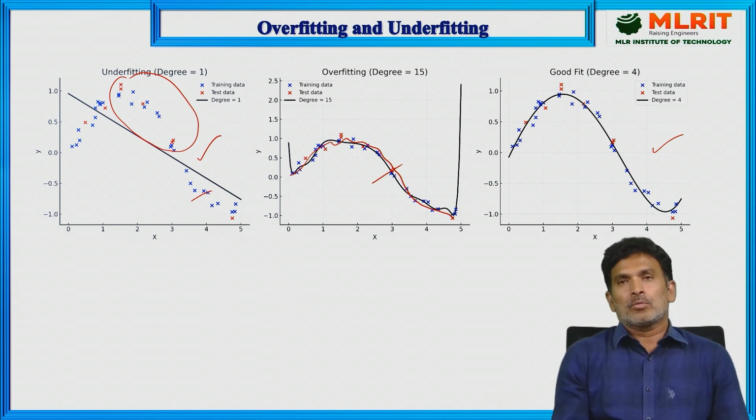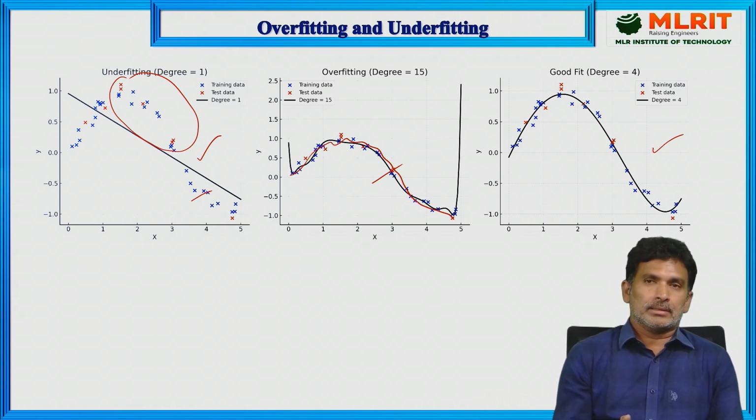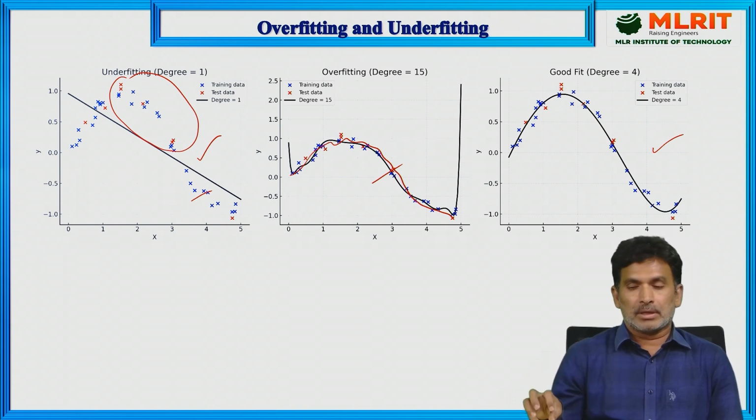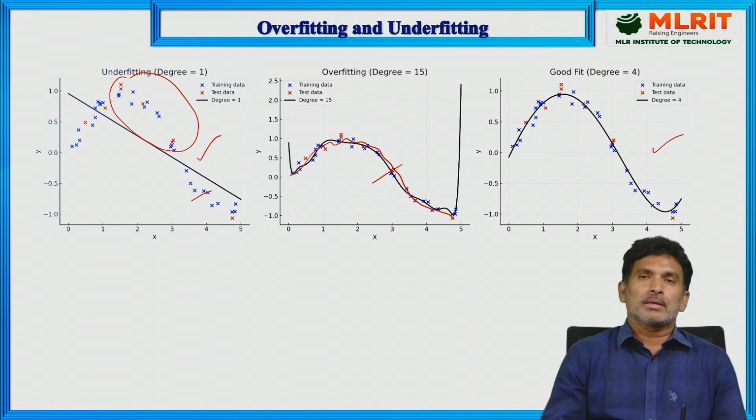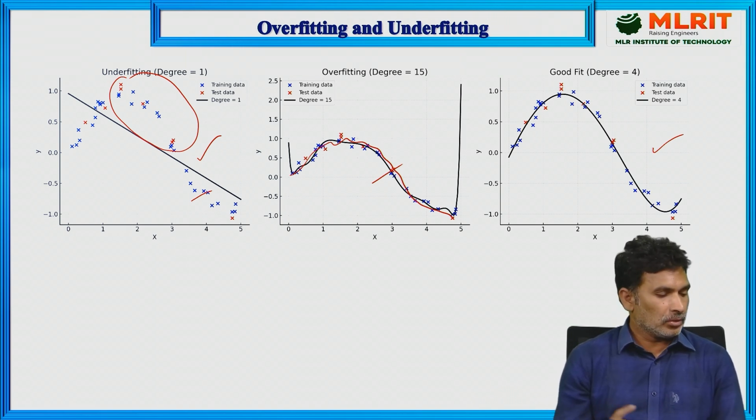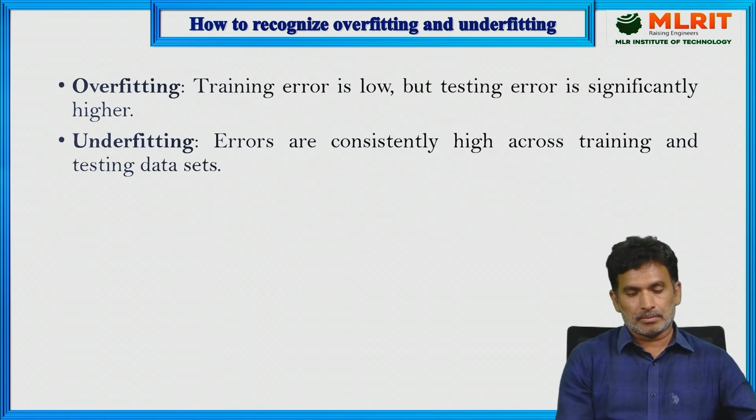That means whatever patterns the model learned will be applied to the new data. So we have to build generalized models, and only then can we deploy them into the real world.